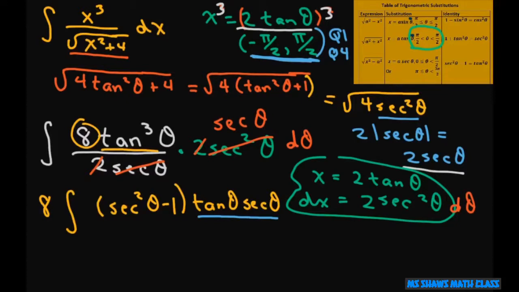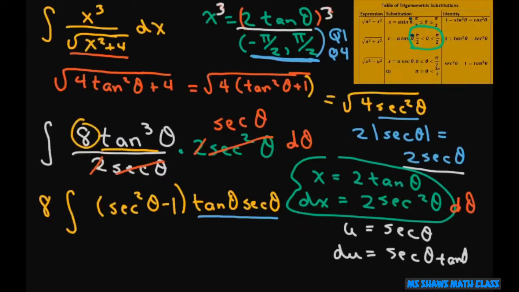So what we're going to do now is use u substitution. You're going to let u equal secant of theta. Therefore, the derivative du equals secant theta tan theta d theta.